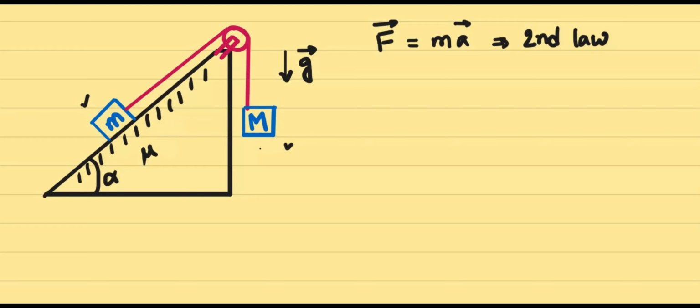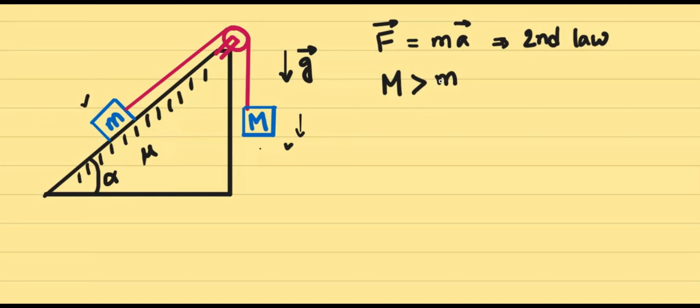So let's get started. First, let's start with the bigger mass M. It has gravity acting on it, and of course we are assuming that capital M is greater than small m. Later we'll talk about the necessary conditions for this object to slide in this direction.